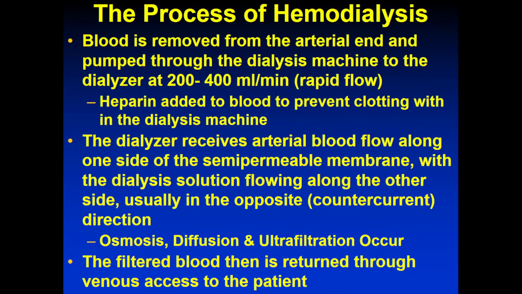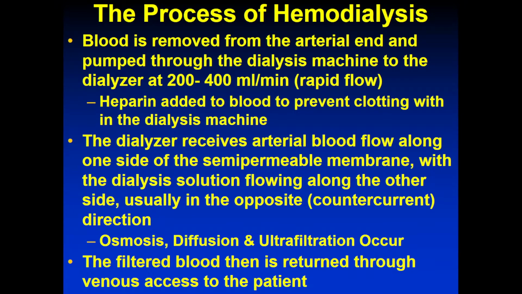And the process of hemodialysis looks like this: blood is removed from the arterial end and pumped through the dialysis machine to the dialyzer at the rate of 200-400 milliliters per minute.